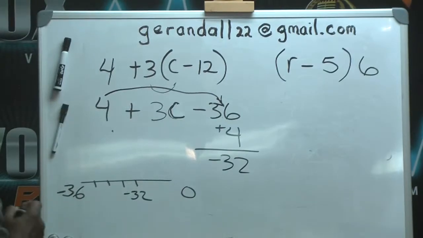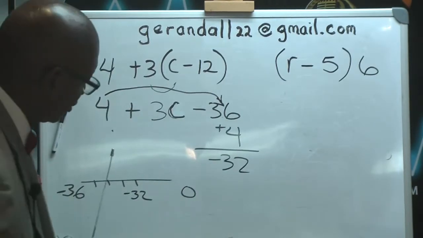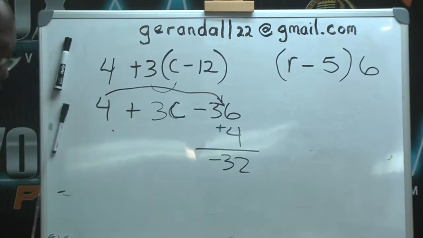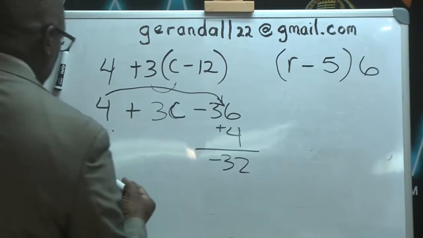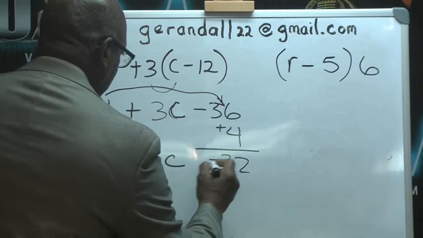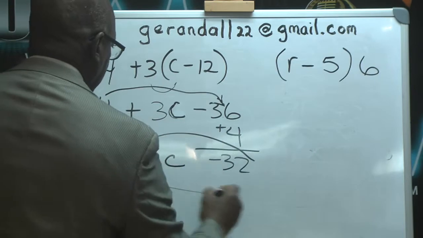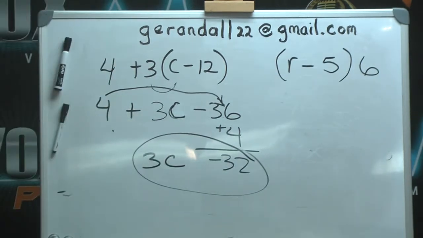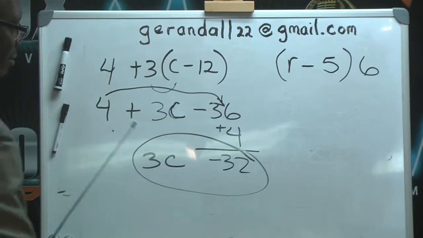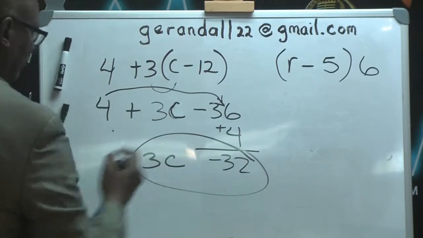Okay? And your final answer would be 3C minus 32. No numeric answer. And this is the introduction of algebra. Okay? But that would be your final answer.